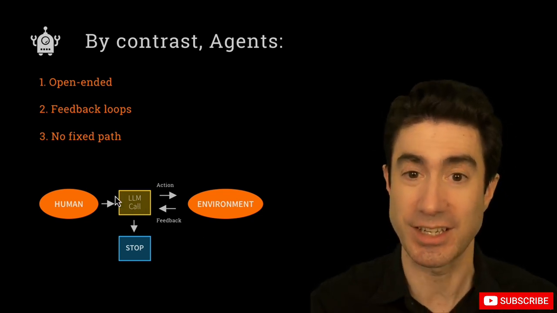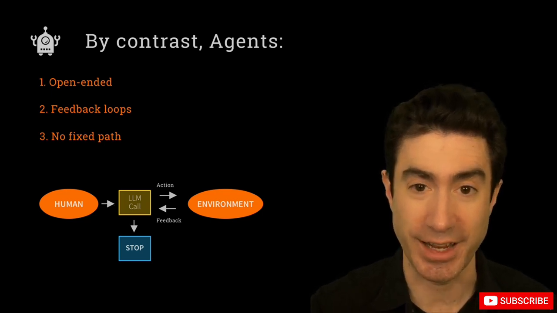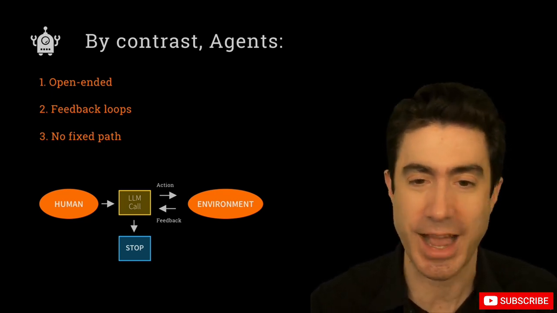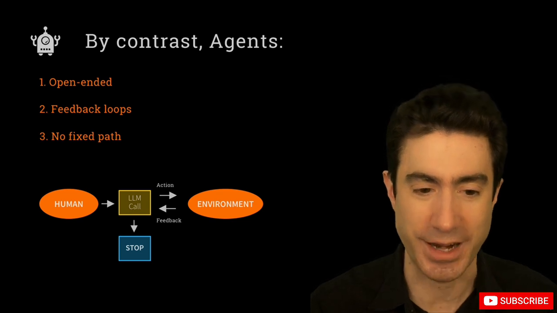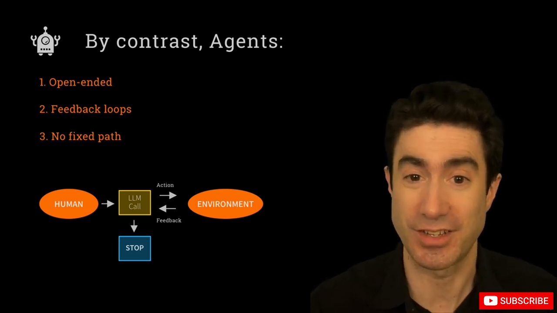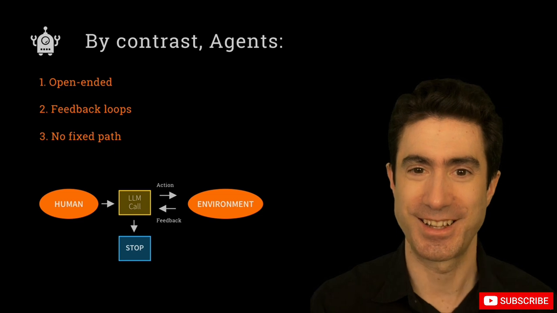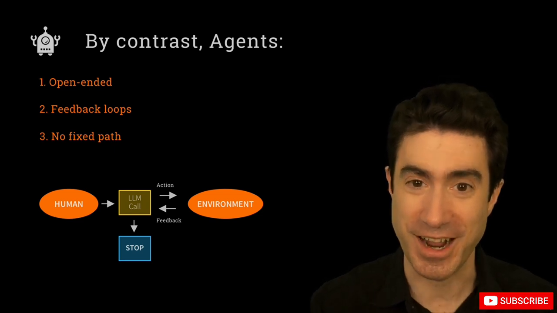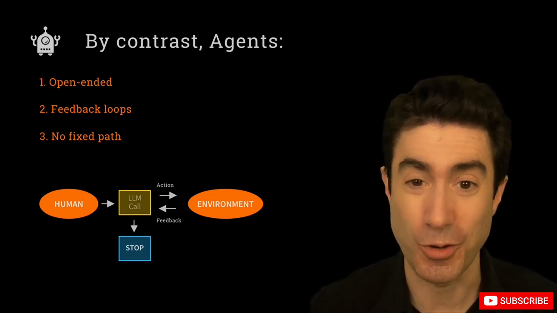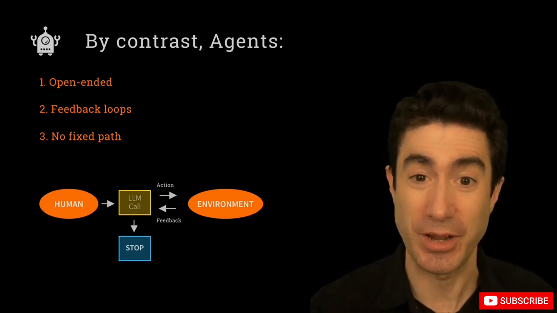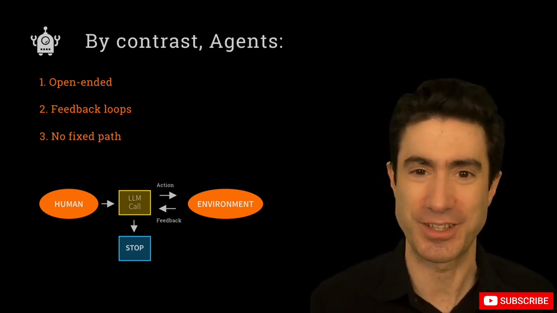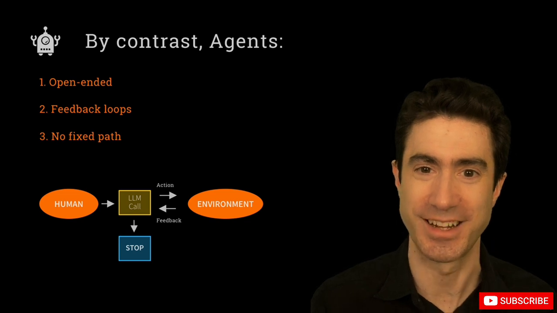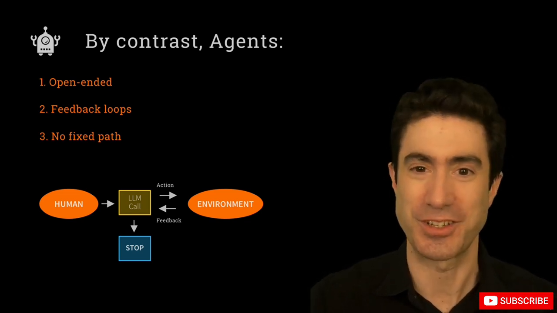And then this is simply a repeating loop. The LLM can continually make other actions and get back feedback. And at such time as it desires, it can choose to stop. And so this is the diagram, and there aren't more specific design patterns, because it is in itself this sort of open-ended design pattern. It's almost a sort of meta design.